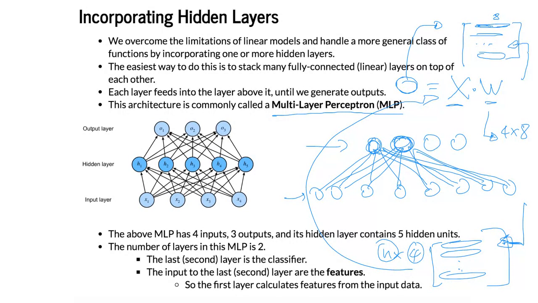To achieve this, I multiply X with a matrix W, which has dimensions 4 times 8. 4 is the input feature dimension, and 8 is the dimension of the output feature. That's how I get O. That's a fully connected layer.